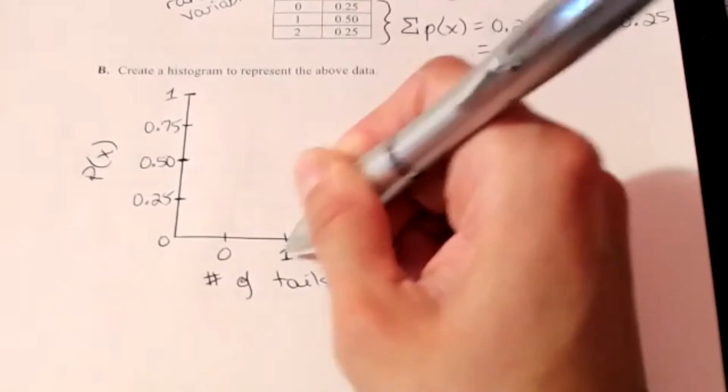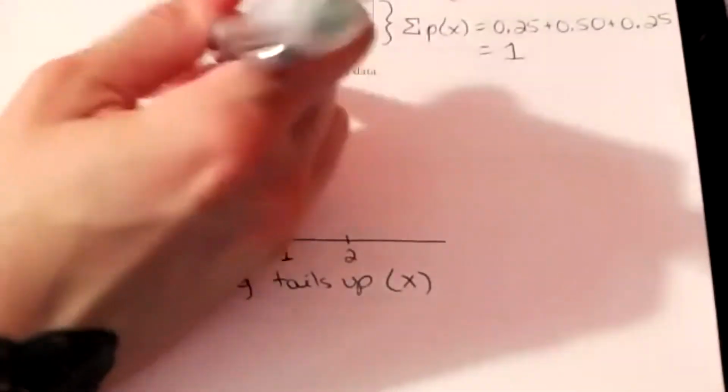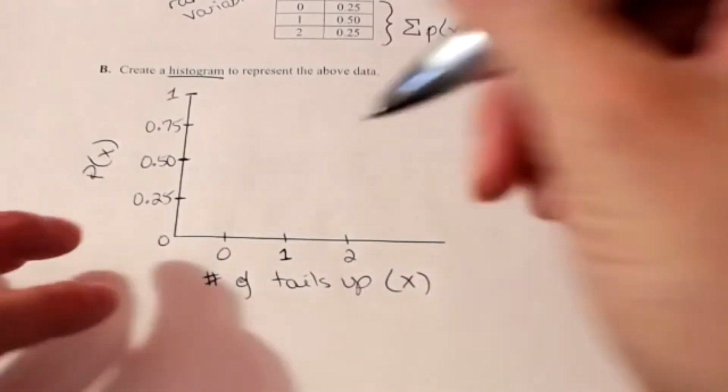Let me make my 1 a little clearer. Perfect. Remember, with histograms, there are no gaps in between the bars, so we want to make sure that these are connecting, and we also want to make sure that we represent each of these probabilities as accurately as we can. Obviously, we're drawing this by hand.